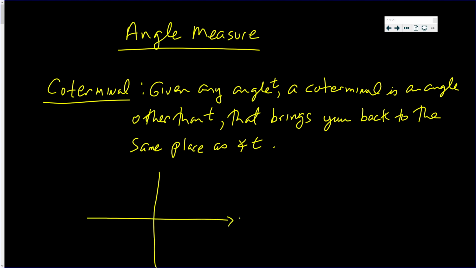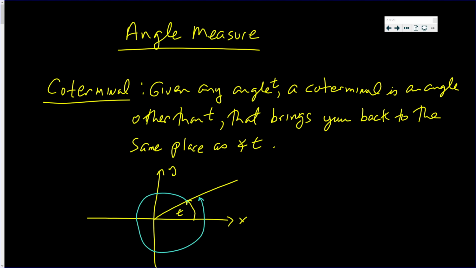So we have our xy axes, and angle t is that amount. What is another angle that can bring us back to angle t? The answer is you can take angle t and add 360 or 2 pi.